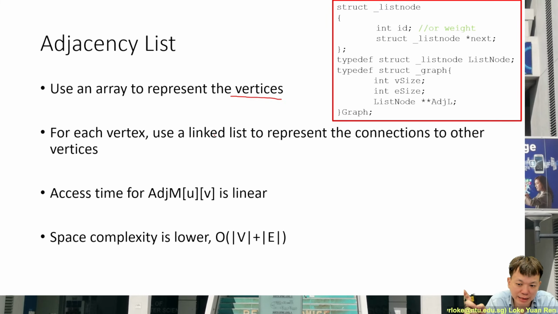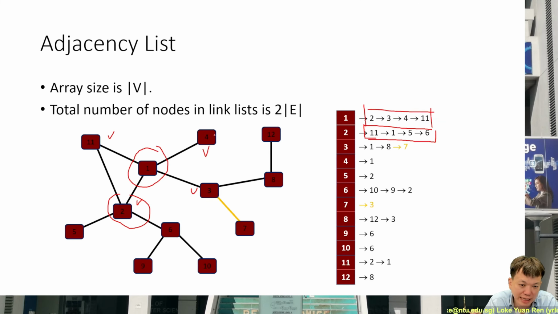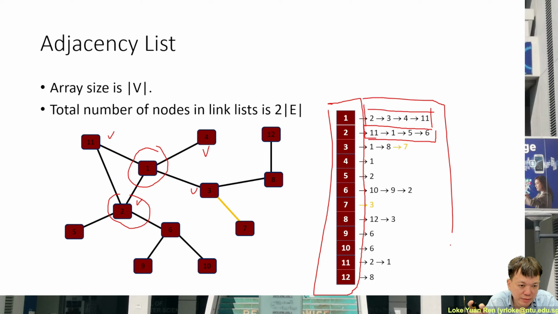The space is the number of vertices, used to form this array, plus the number of edges. Each node's list length depends on the number of edges you have, because if there's a connection, then you will store it.